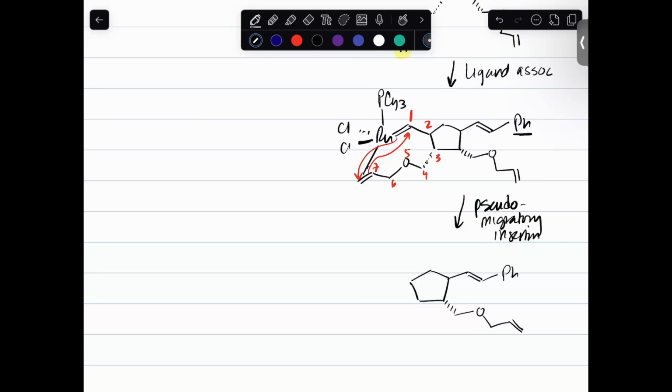Let me draw my seven-membered ring and number it as I'm coming along.